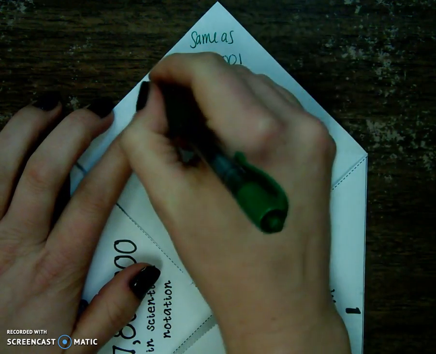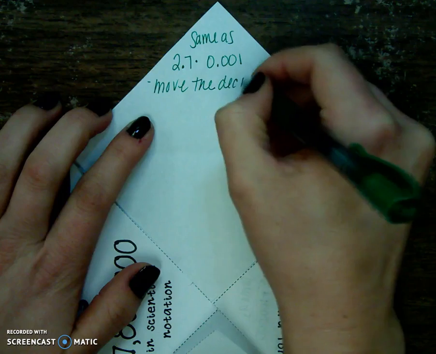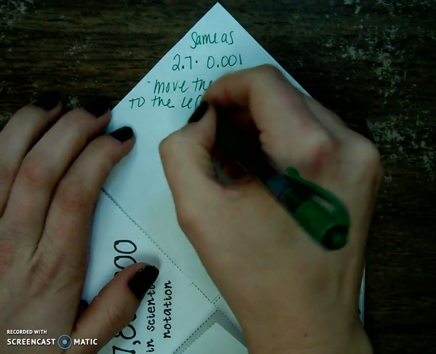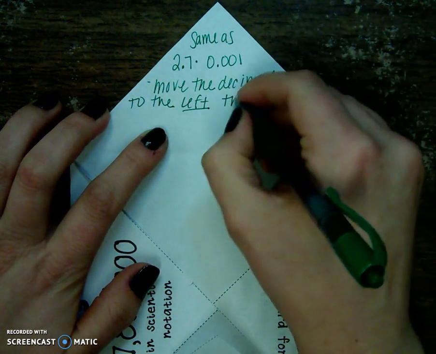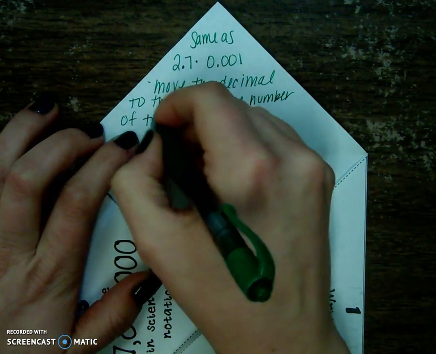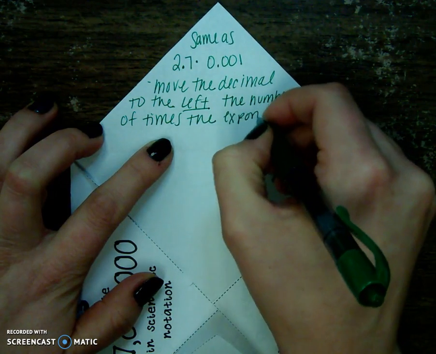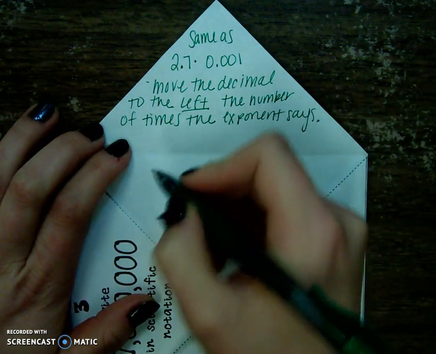Okay, so we're going to move the decimal to the left, because it's a negative exponent, the number of times the exponent says.